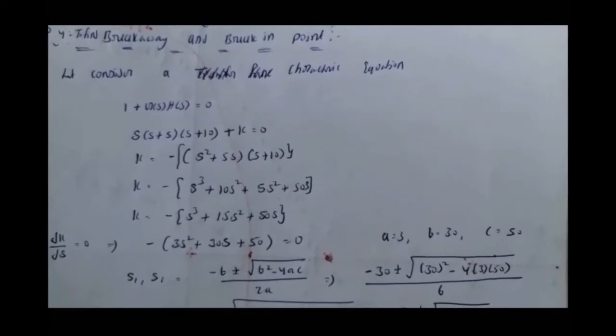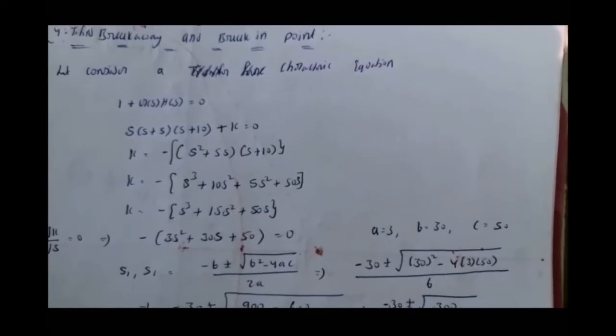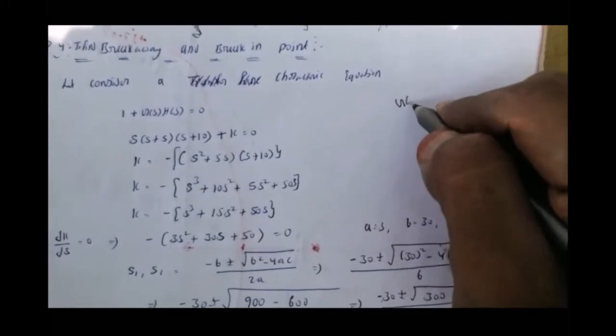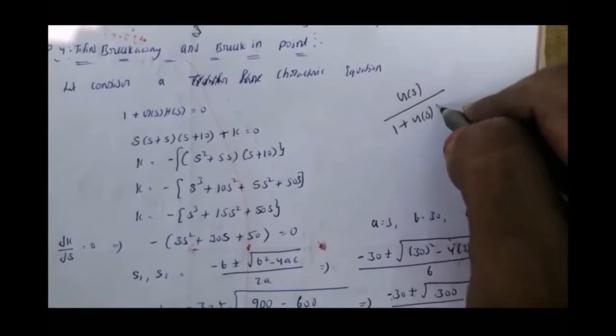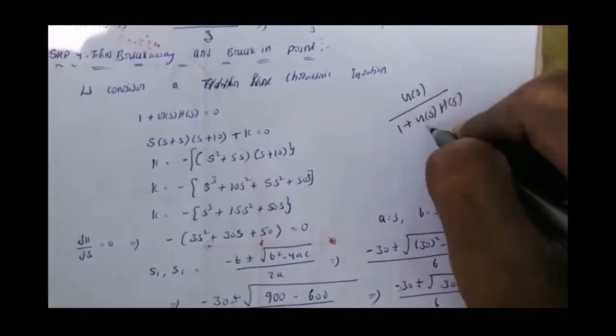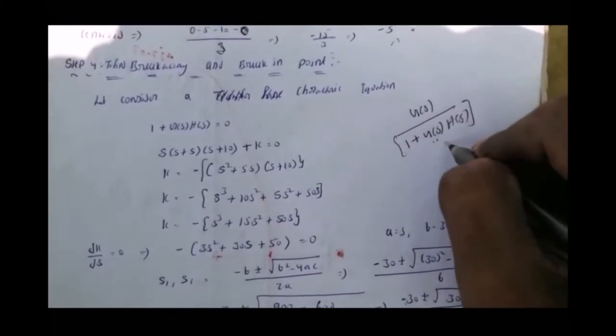The denominator of the closed loop transfer function is called the characteristic equation. So already you know the closed loop transfer function is g of s divided by 1 plus g of s into h of s. So this is the representation of the closed loop transfer function. So here the denominator is called the characteristic equation.